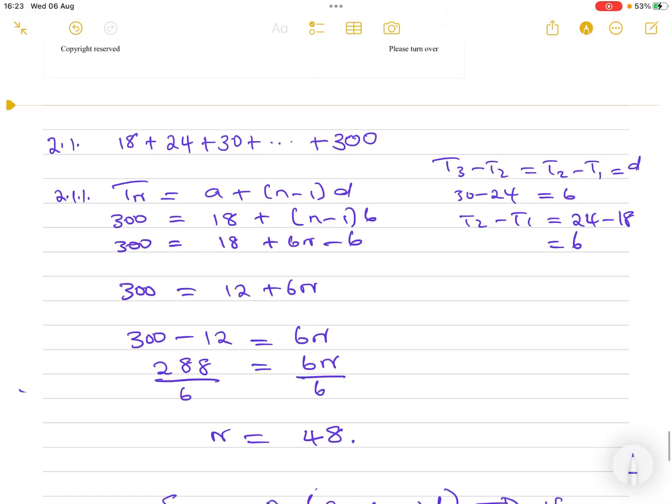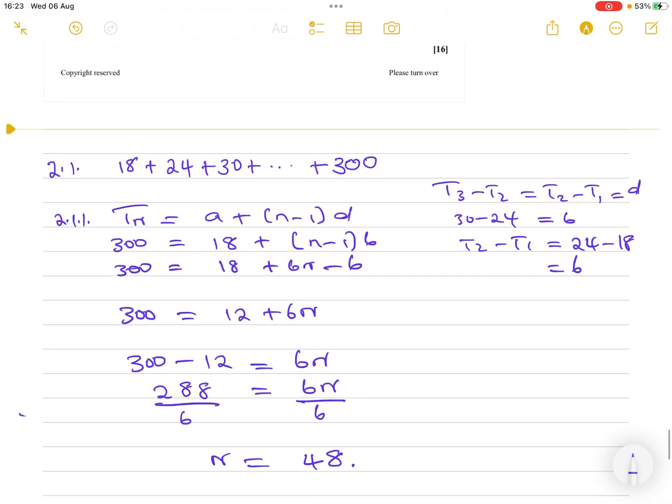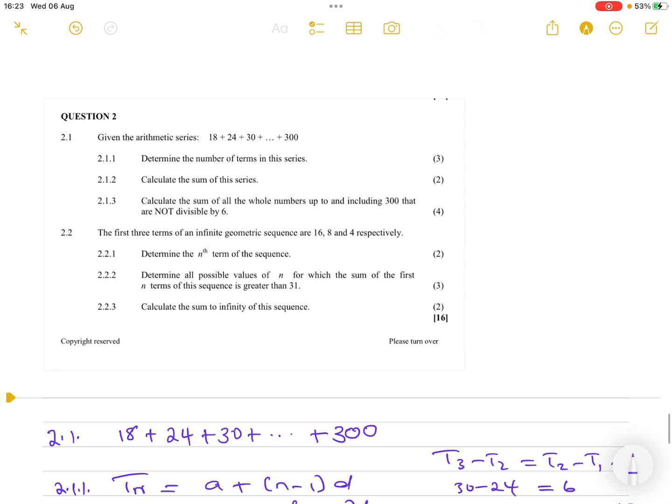But in order for us to get the solution, look at this. If you pay close attention, the arithmetic series that is given to us is the series of multiples of 6. So that means all of these numbers on this series are divisible by 6.